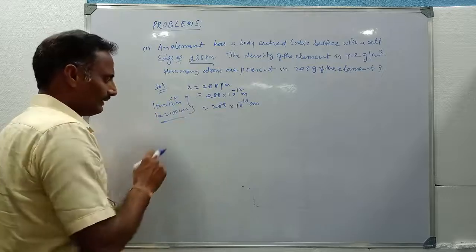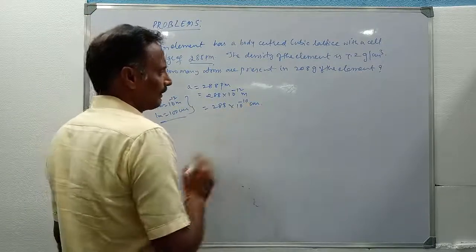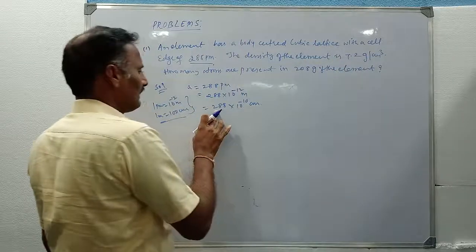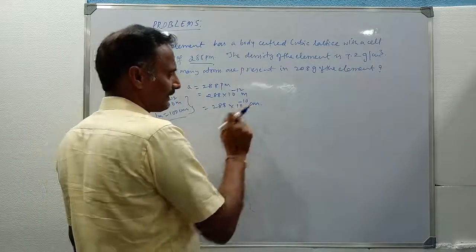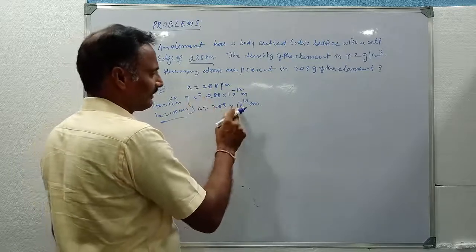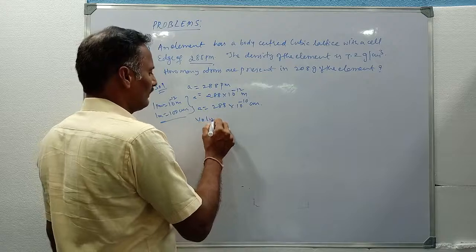By using these conversions you convert the picometers into centimeters. Since the density is given in gram per cm cube, the edge length is taken in centimeters. Then edge length a equals 288 into 10 to the power minus 10 centimeter. We require the volume of the unit cell.